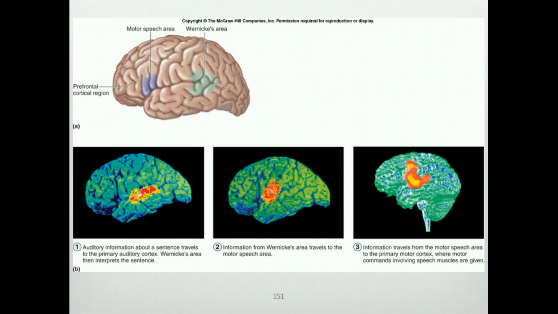The problem was that Wernicke's area was likely telling her the exact right thing to say. This is the association area that is all about what to say. But the motor speech area is how it's actually said. And there was some miscommunication between these two areas in the brain.